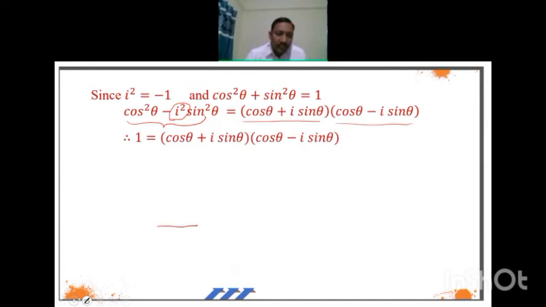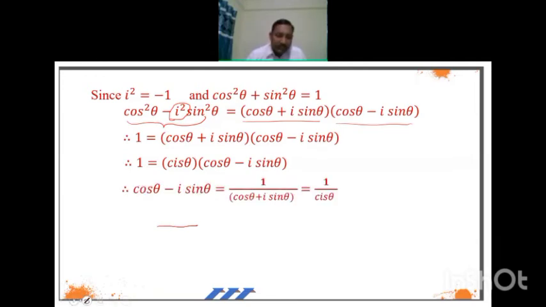So here we are writing 1 as (cos theta + i sin theta) into (cos theta minus i sin theta). Okay, students, so we can simply write 1 is equal to cis theta into (cos theta minus i sin theta), so that this cos theta minus i sin theta can be written as 1 by cis theta.